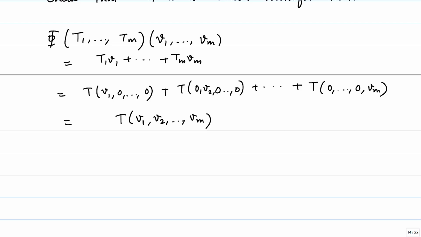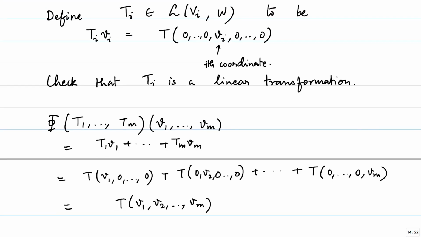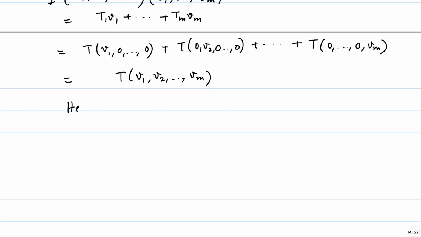So yes, we have indeed obtained a vector T1 comma T2 up to Tm in L of V1 comma W cross L of V2 comma W cross up to L of Vm comma W, which maps to T. So hence phi is surjective, which establishes that phi is an isomorphism.